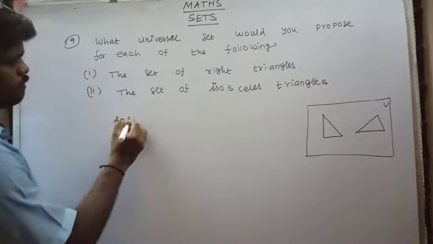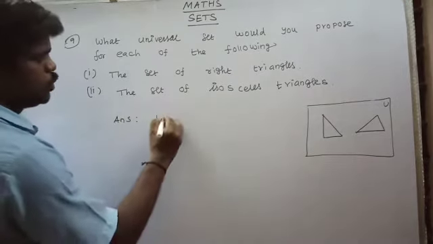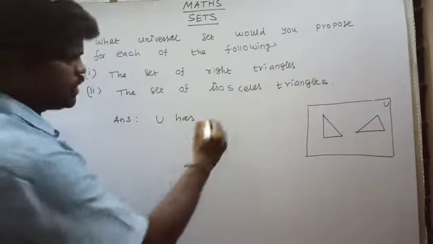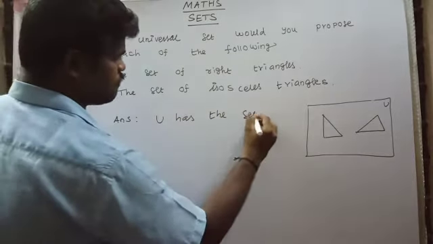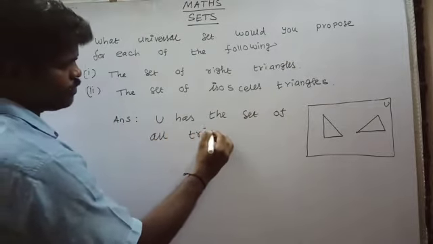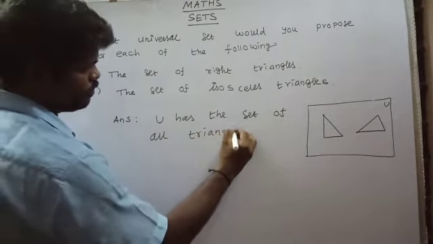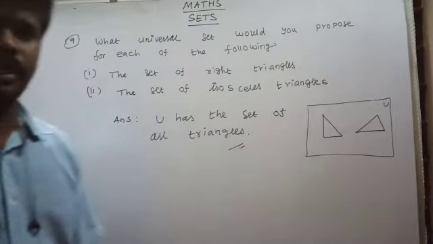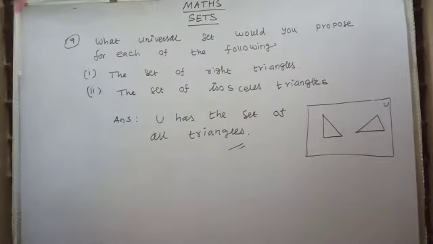Answer: U is the set of all triangles. We have a right triangle and isosceles triangle in U. Okay, right. Refer the sum.